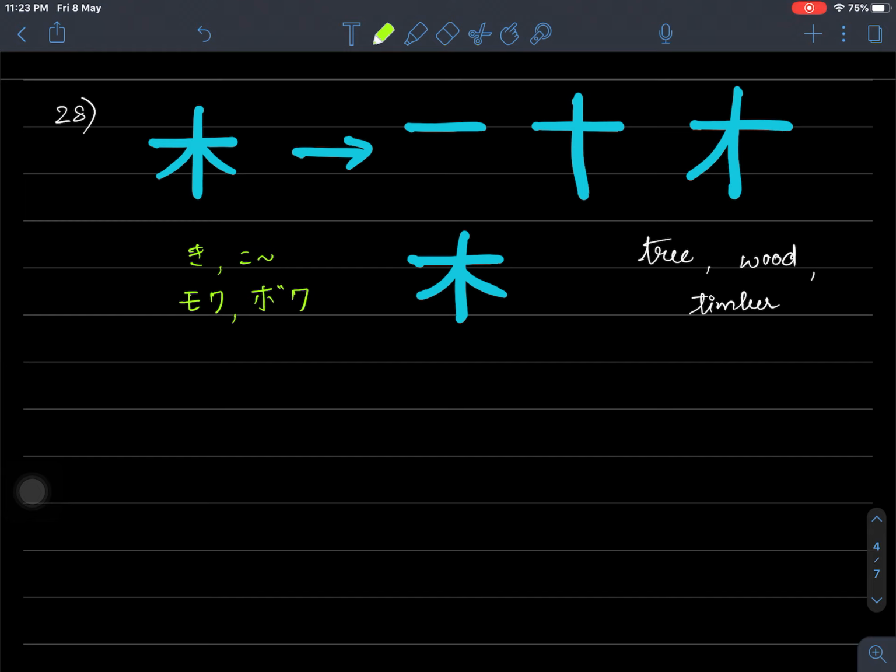Now, in case you remember, we did another kanji with the same readings, moku and boku, today itself, that being the kanji for eye or item. So here again, it just goes to show you that more than one kanji can have the same onyomi, even though they mean completely different things and have completely different kunyomis. Now, that was just a side note, just a reminder. And now we can get straight into the words.